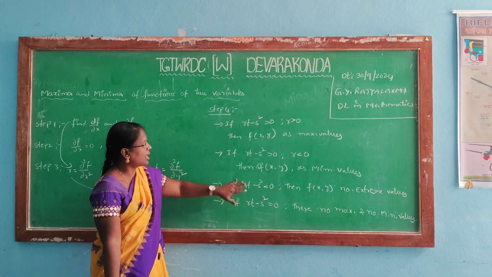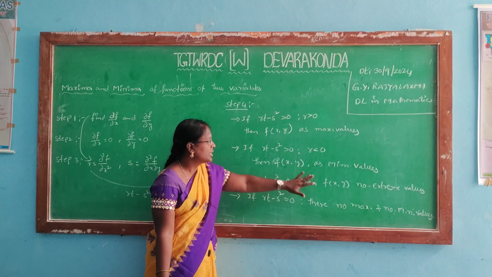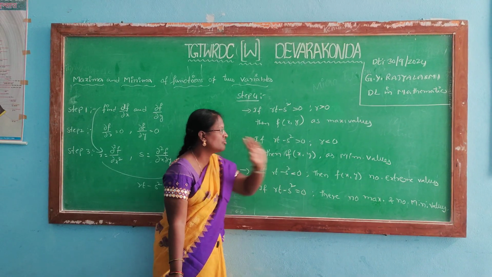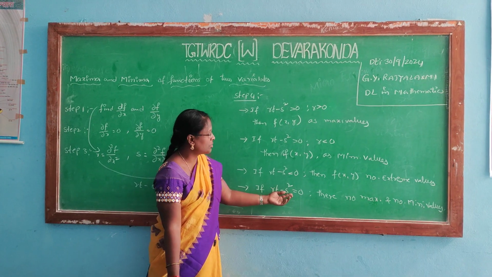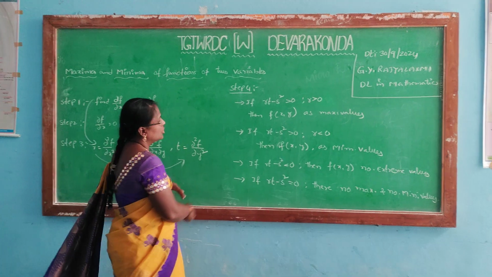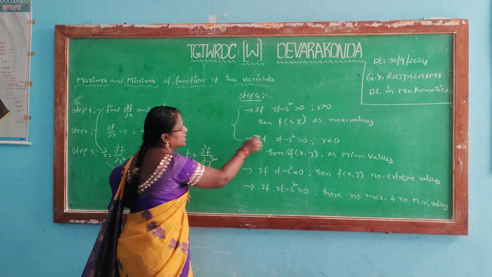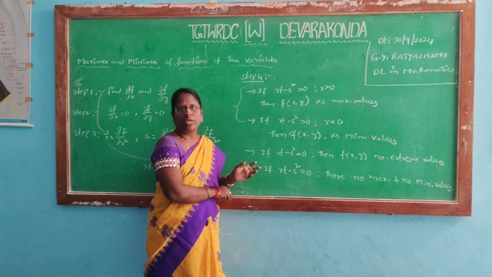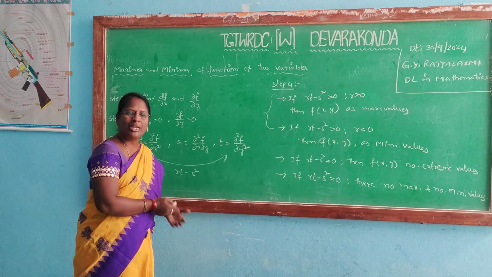Or in case rt minus s square less than 0, the function has no extreme values. And if rt minus s square equal to 0, there is no conclusion about maximum or minimum values. So in step 4, the very important steps are the first one and the second one. Some problems will explain how we find maximum and minimum values.